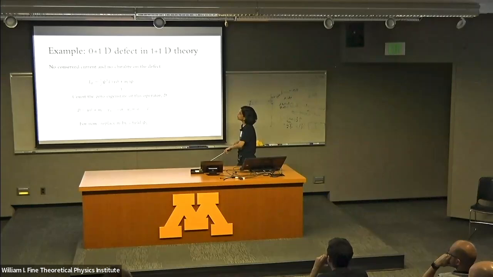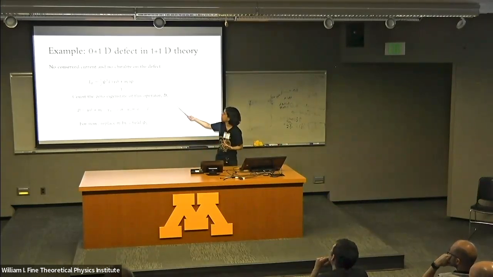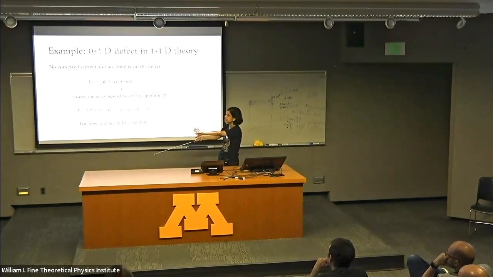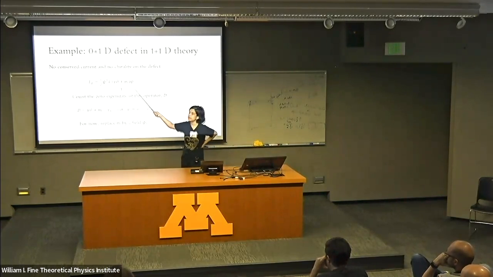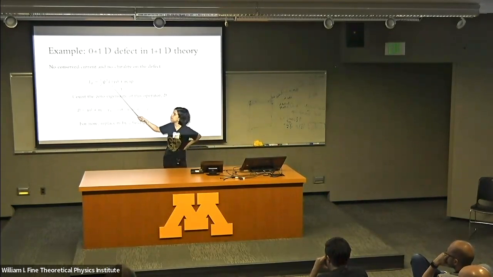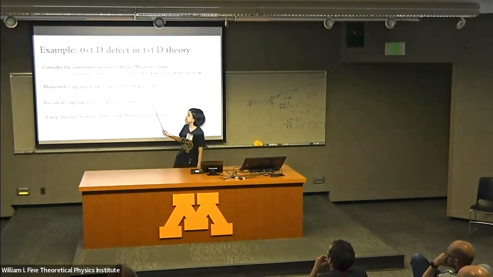So clearly, in this example, I don't have conserved currents. I don't have any chirality on the end because the massless mode is in 0+1 dimension. So what I'm going to do now is to concentrate on this operator. Note that the fermion operator for this Majorana theory, I can split up as some charge conjugation matrix sigma 2 times the Dirac operator.